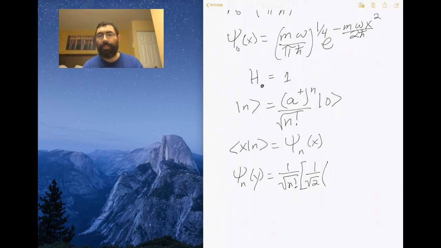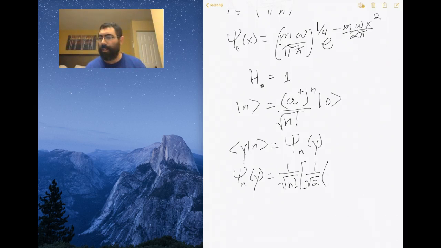So if we find the wave function back again in the y coordinate, then what we would have is, sorry, I get all my y's.